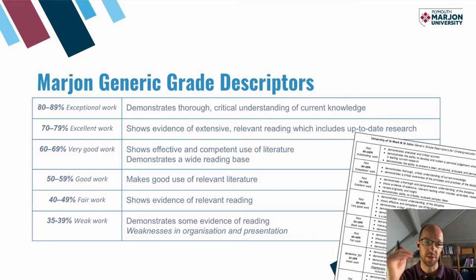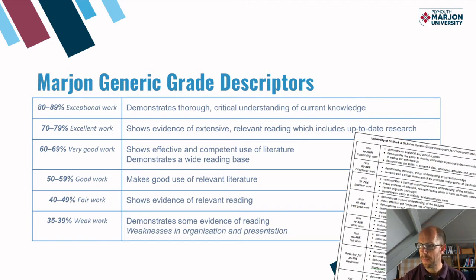Right at the top of the scale, the exceptional work that we see would demonstrate a thorough critical understanding of current knowledge. In order to demonstrate that, you need to show where that current knowledge has been embedded within your own work.